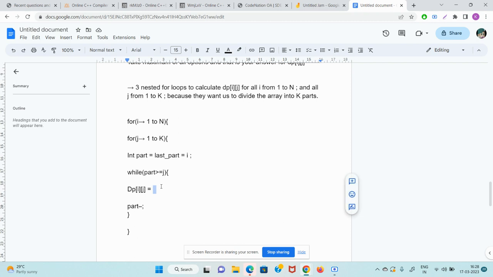While part is greater than or equal to j, keep calculating the max of dp[i][j] or of all the numbers from index I to last, from I to current part, plus dp of part minus 1, j minus 1, because you're taking everything till part minus 1.